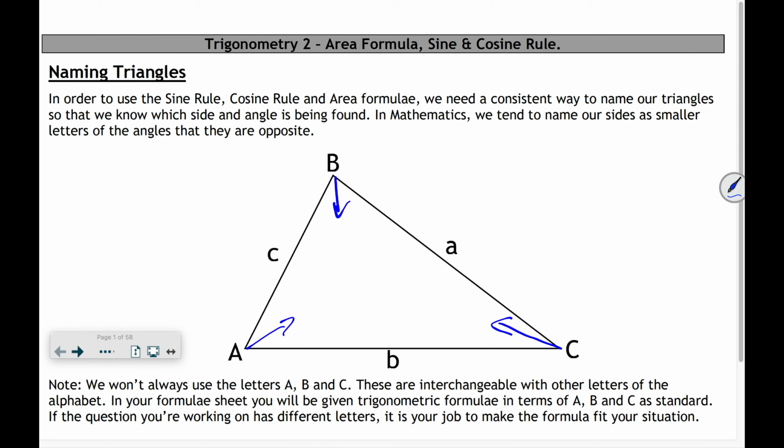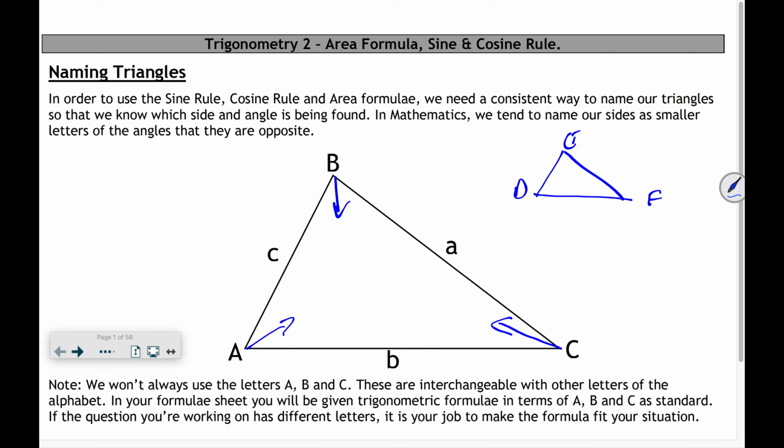Okay? Now, as I've said to you many times before, we won't always use the letters A, B, and C. Some examples will have, say, triangle DEF, and apply either the area formula, the sine rule, or the cosine rule. So the first thing you need to do before you even look at that is name your triangle correctly, so you know what side you're talking about, because the order in which you use the sides is really going to determine how your formula works out.